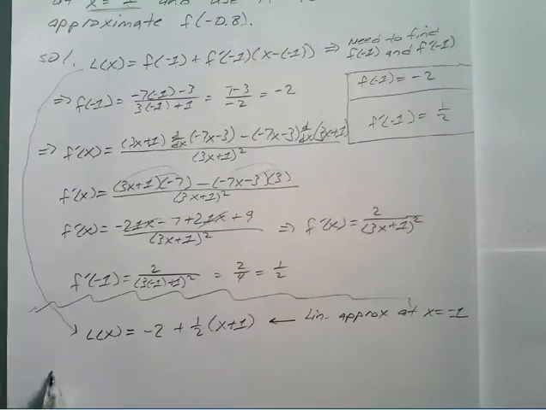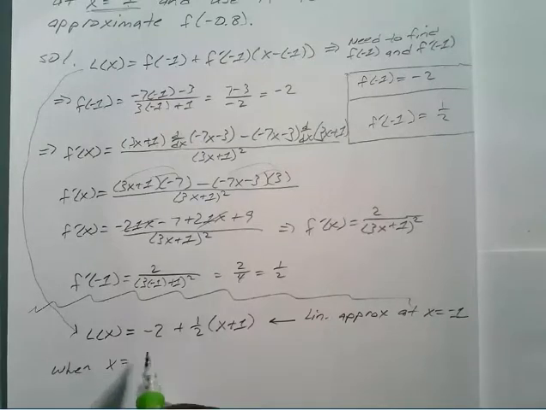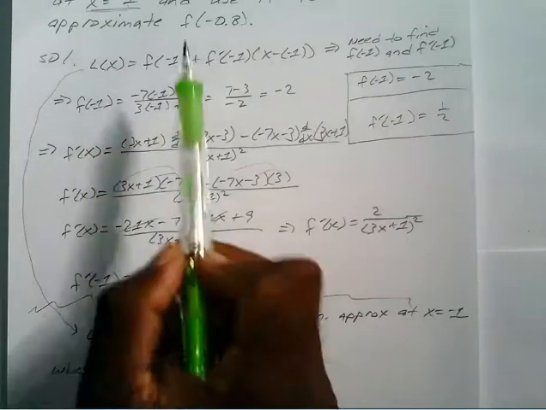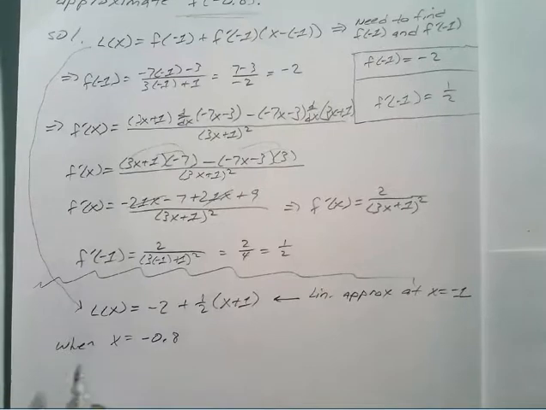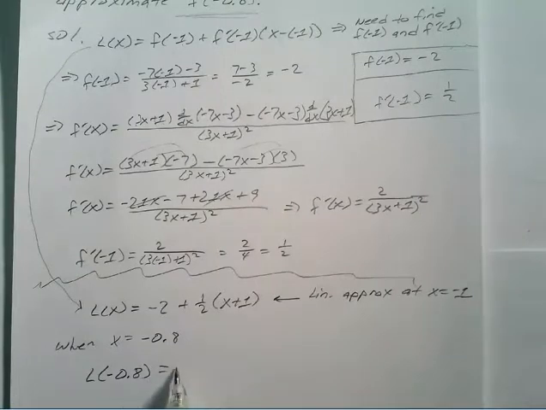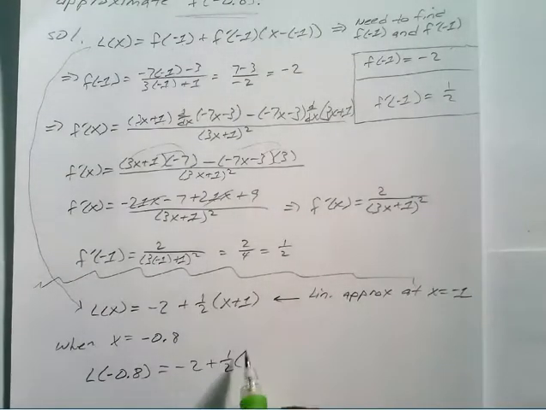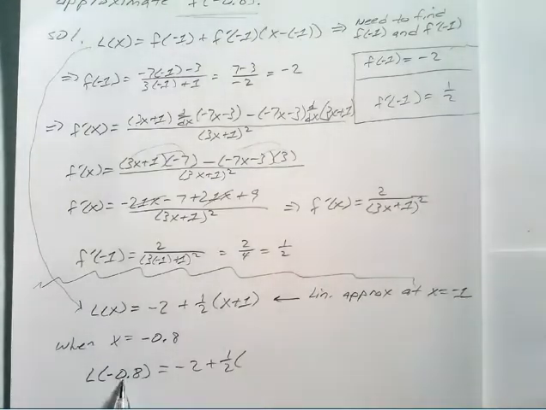So when x is equal to negative 0.8, our linear approximation of negative 0.8 is going to equal negative 2 plus 1/2 times negative 0.8.